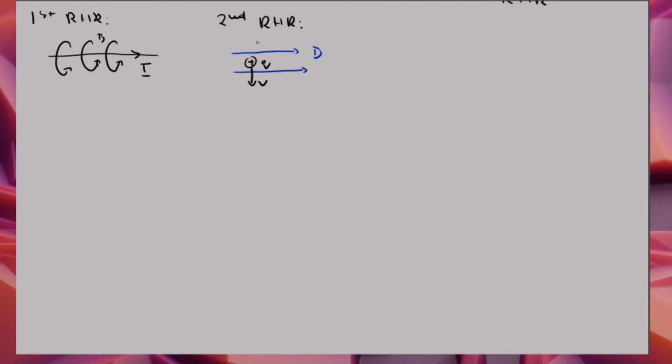So for this reason, the second right-hand rule includes a force F. Now let's try to figure out the direction of this force.